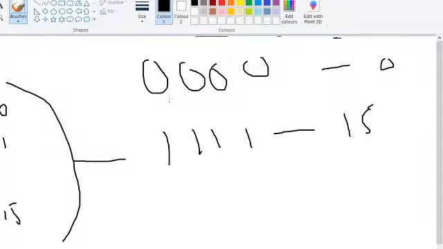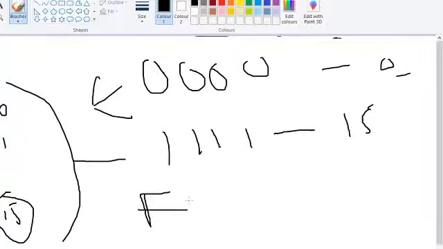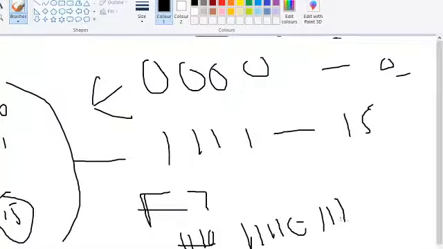That 0 to 15 could be represented by one of these values. So obviously 0 being 0 and so on all the way up to 15. If you were to look at, say, the number F7, you would know that that would be the binary value 1111 0111.